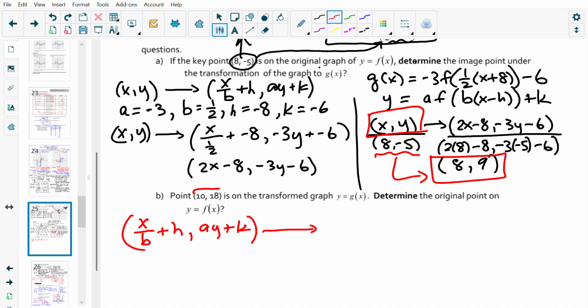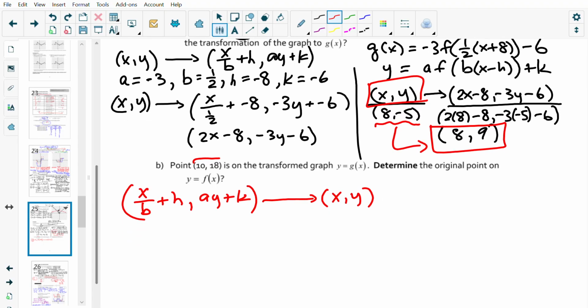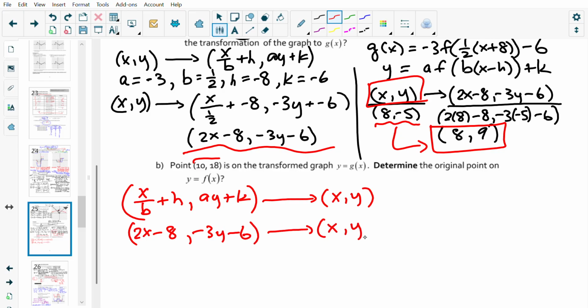So we have a point on the transformed graph, 10, 18. What is it on the original graph? Got to work backwards, right? So we have this: 2x minus 8, comma, negative 3y minus 6. How do we go backwards to do that?